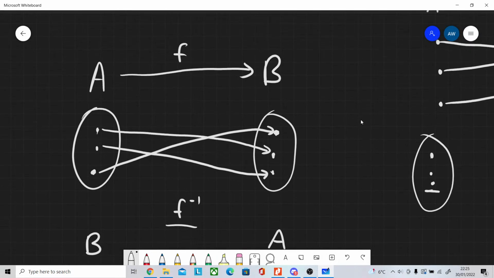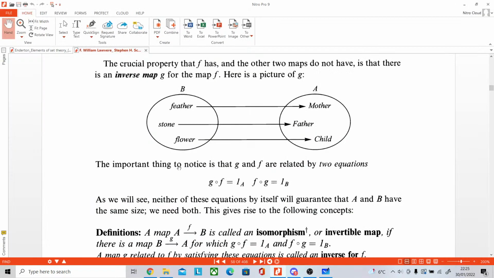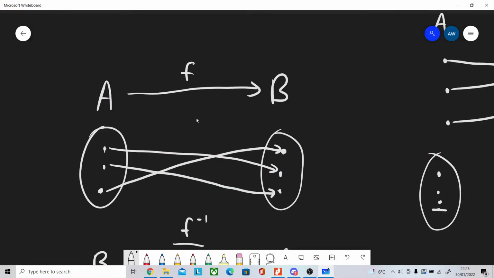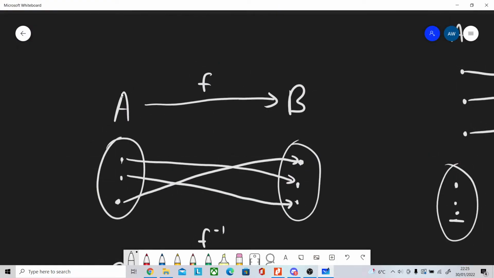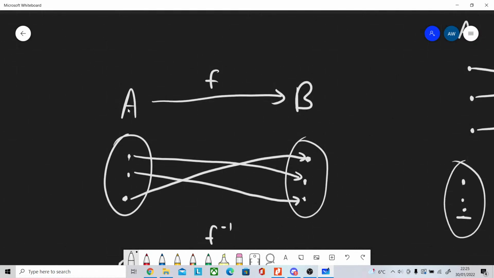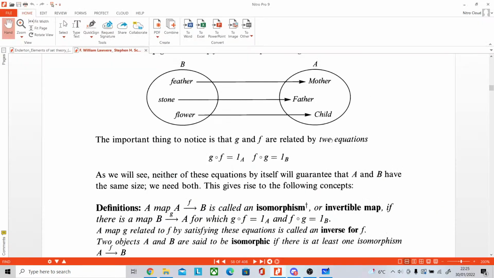So depending on the order in which you do things, we could do f inverse and then f, or f and then f inverse. It'll be the identity map of either A or B. If we do f first and then the inverse, then we're mapping from A going to B and then B going back to A again. So that'll be the identity map on A. Whereas doing things the other way around will create an identity map on B.